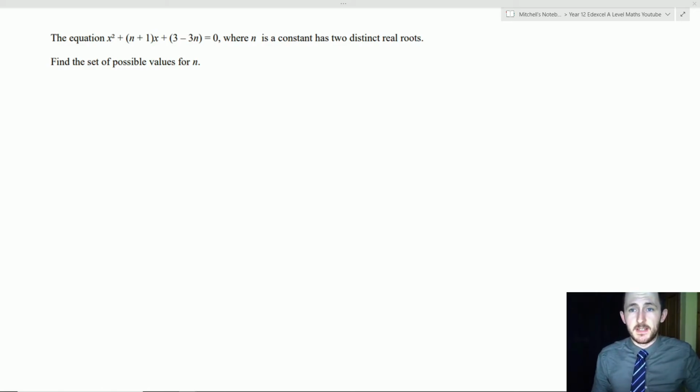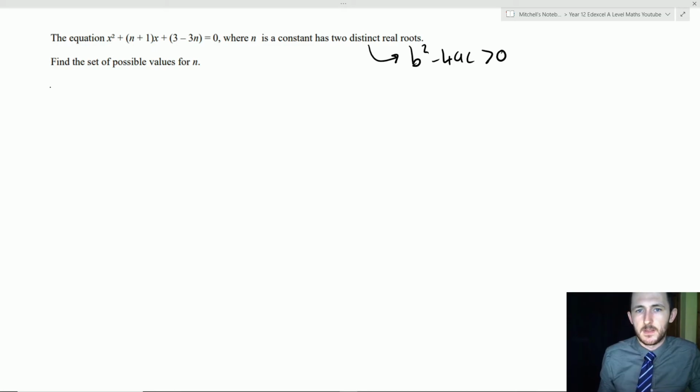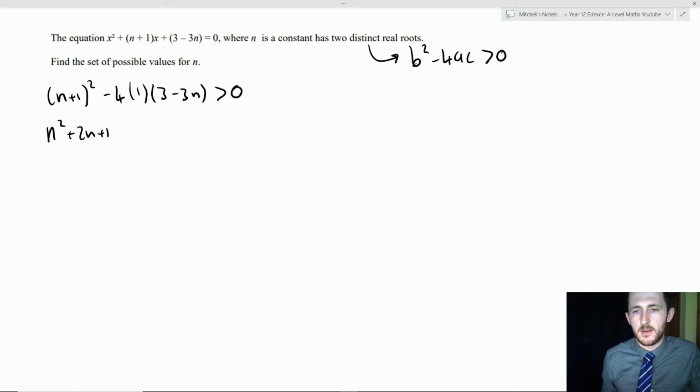Okay, so this question is basically the same as the previous question. So let's go through and see if you guys retained what we're talking about. Two distinct real roots: B squared minus 4ac is greater than 0. So we have n plus 1 squared minus 4, A is 1, C is 3 minus 3n, greater than 0. n plus 1 squared we can expand to n squared plus 2n plus 1.